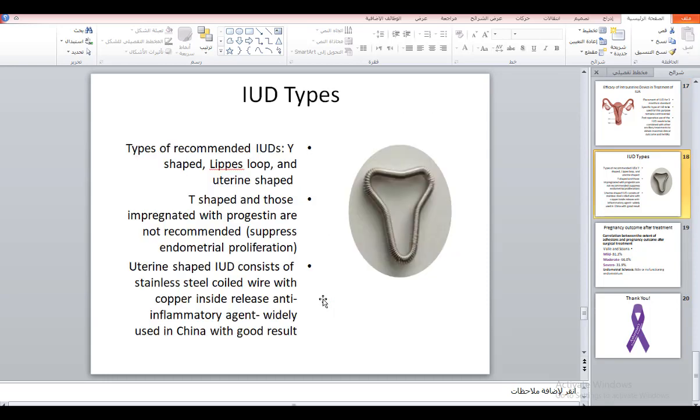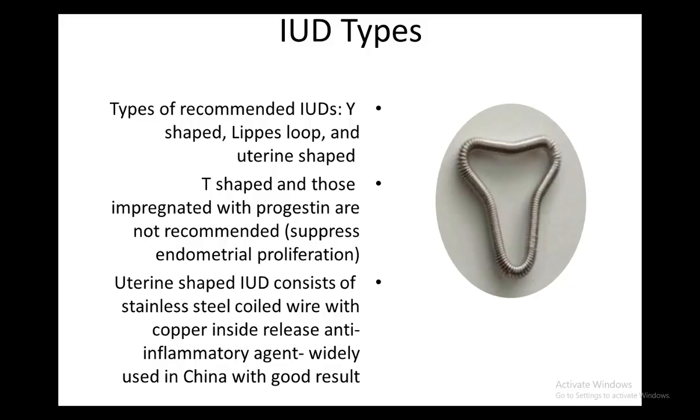Types of IUCD: recommended may be Y-shaped, Lippes loop like this, and uterine-shaped, T-shape. Those impregnated with progestin are not recommended, as they suppress endometrial proliferation.